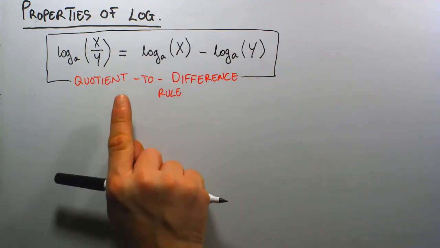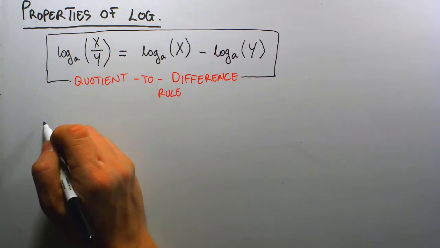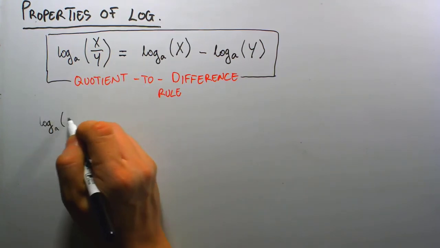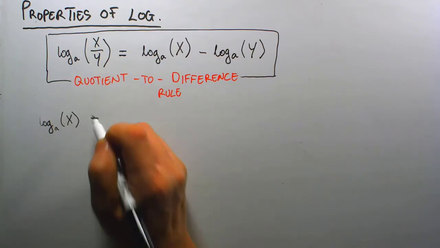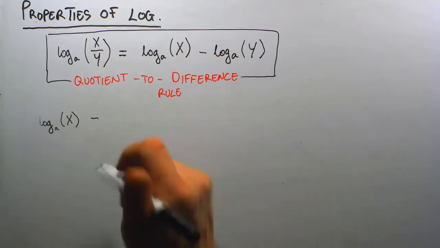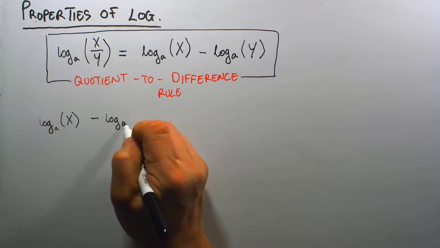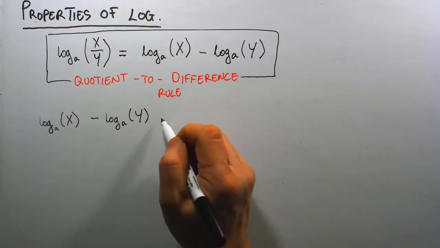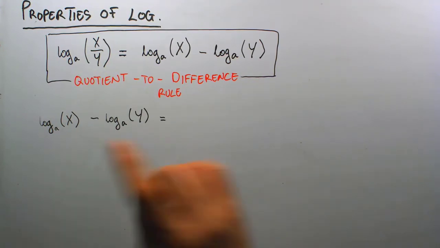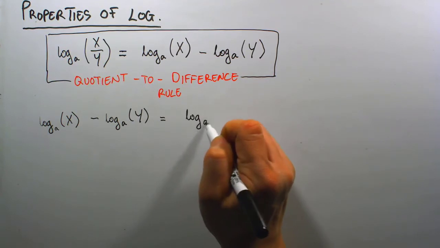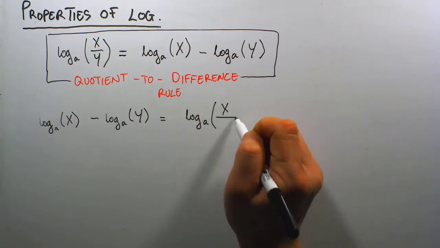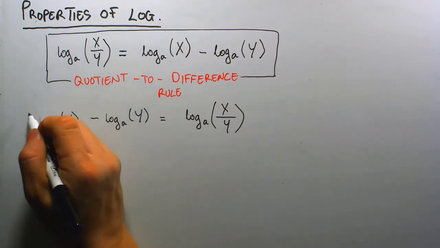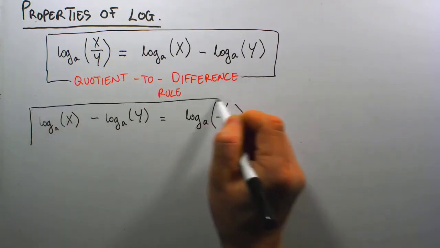And now on the same property, we can also think of going from a difference of two logarithm terms, same base. So log base a of x minus log base a, same base, of y. But it's a difference of two logarithm terms. We can go from a difference and turn that into one logarithm, but of a quotient. The two evaluations will come out to exactly equal value.